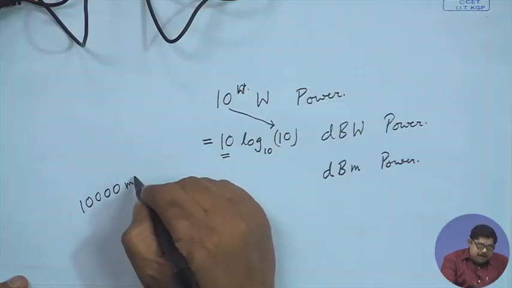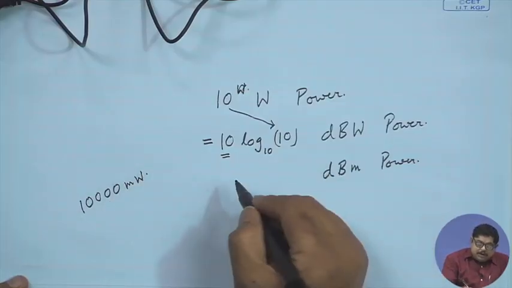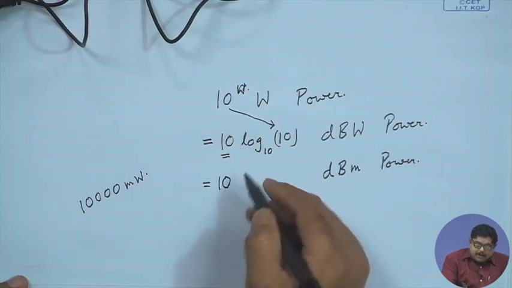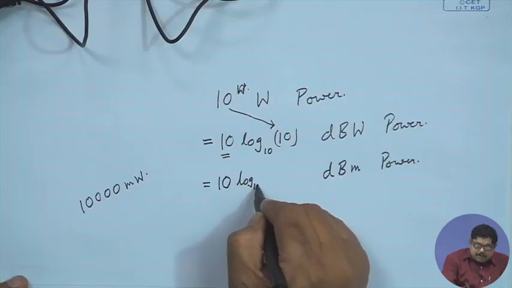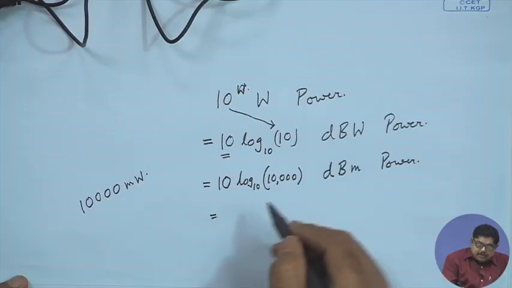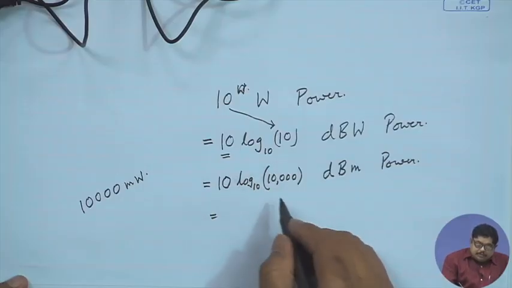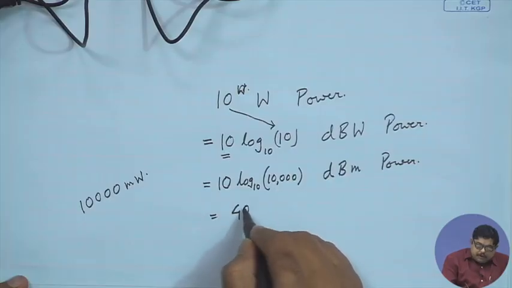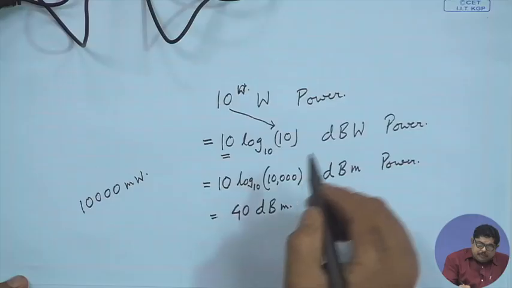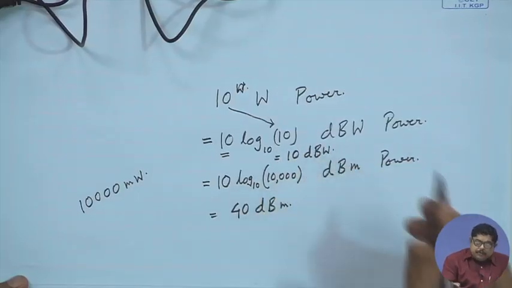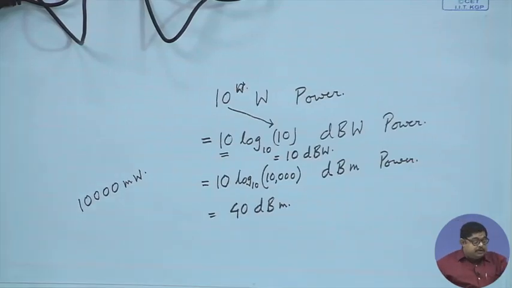To get dBm of power, since it is power, again the multiplier is 10 log10 of 10,000. So, that will be 4, so I will have 40 dBm of power, whereas here I had 10 dBW of power. So, these are the power units that in RF we generally use.